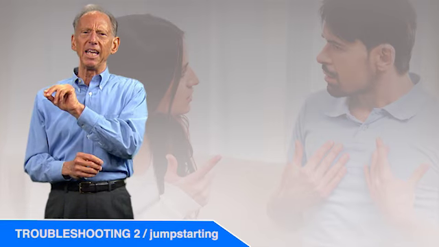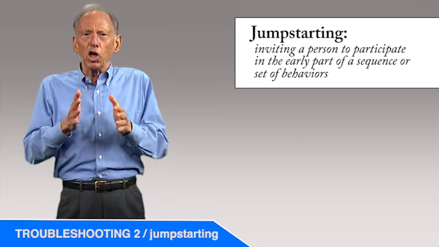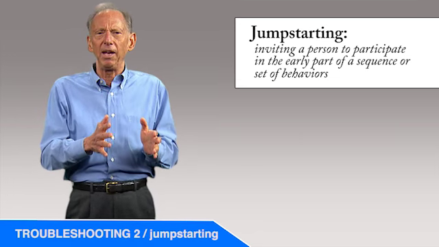The inertia generated by the number of steps he has to accomplish might well prove to be too great, and you are not seeing enough of the sequence to build a habit so you can reward it or praise. You might instead try jump-starting the behavior. Jump-starting is when you get a person just to participate in the early part of the sequence or set of behaviors.